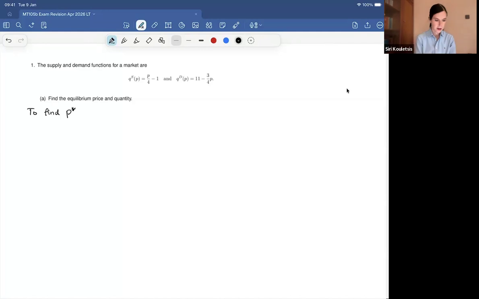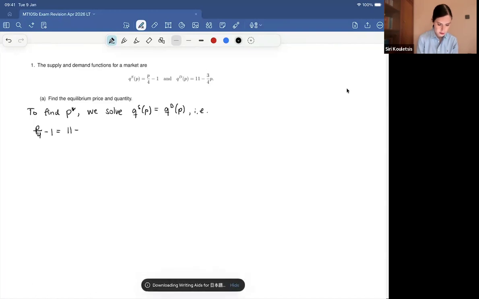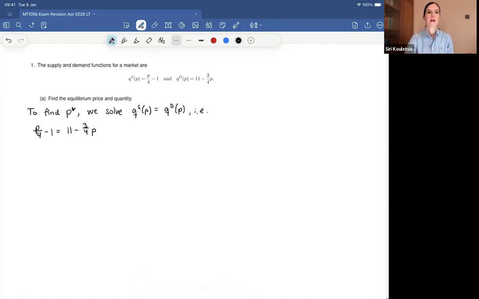So we want to find what I call P star, the equilibrium price. And what we need to solve is Qs of P equals Qd of P. This is a relatively straightforward operation.